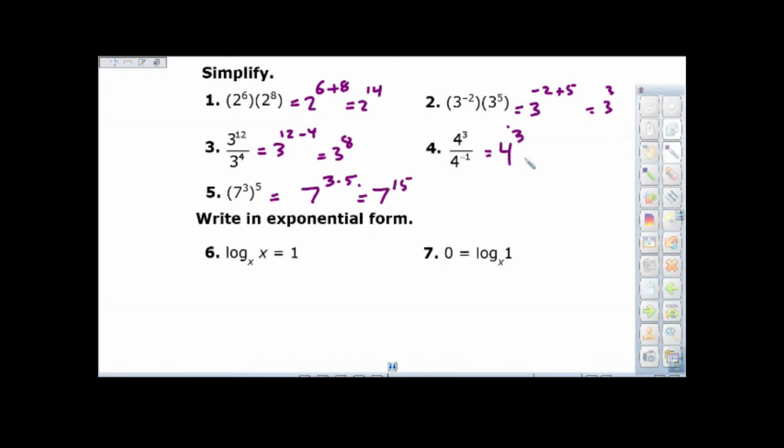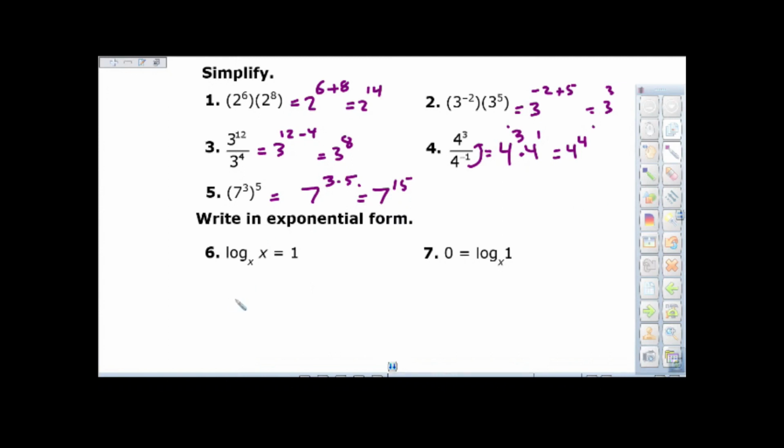Times, I'm going to move this one here to the top with its 4 to the 1st. That's 4 to the 1st, which will give you 4 to the 4th. Good catch. That was a mistake I made, and I just fixed it here. Thank you, Haley.